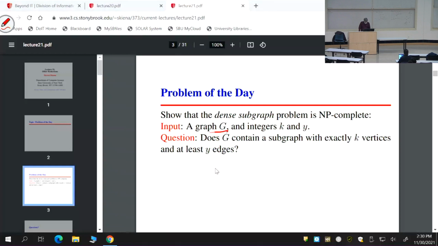I give you a graph G, and integers k and y, and ask, does this graph G have a subset of k vertices such that those k vertices have at least y edges between them? This is the densest subgraph problem. Any questions about what the problem is?